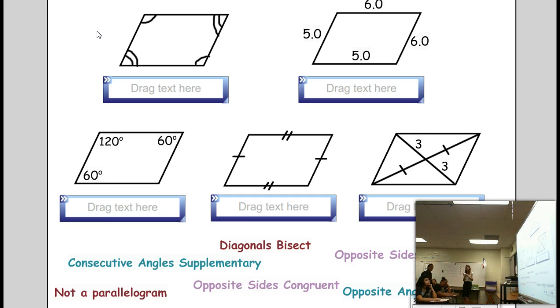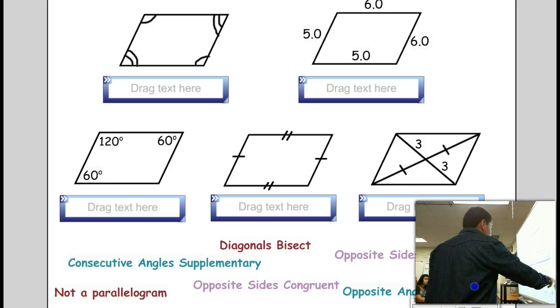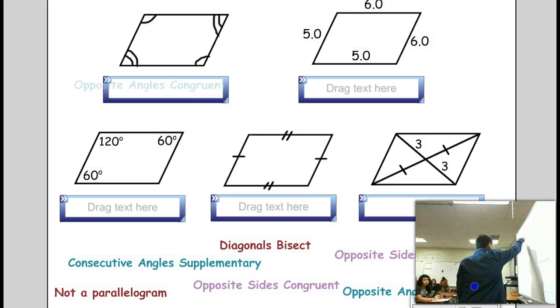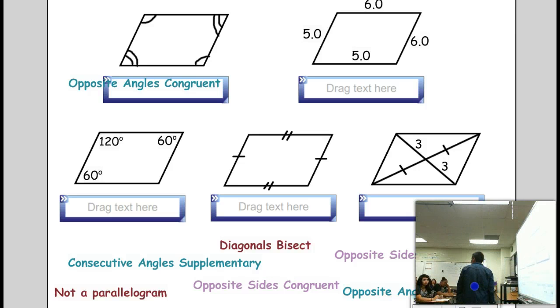Kenneth, you're after that. So these are parallelograms, possibly. And we're dragging the description to the property. Opposite angles are congruent. Try again. Can you drop it right in the middle of that box? Yes, that's a good job. Nice job, Omar.